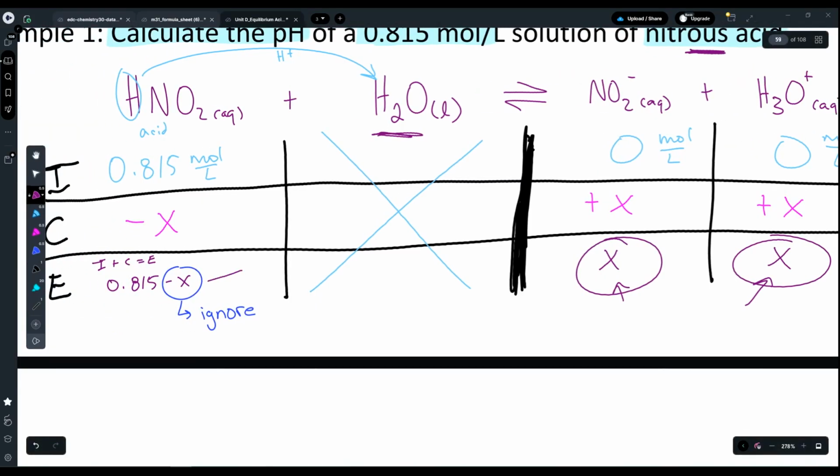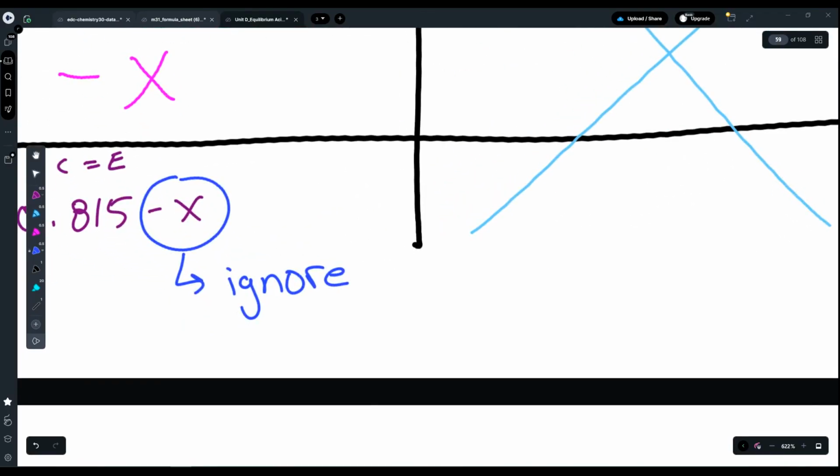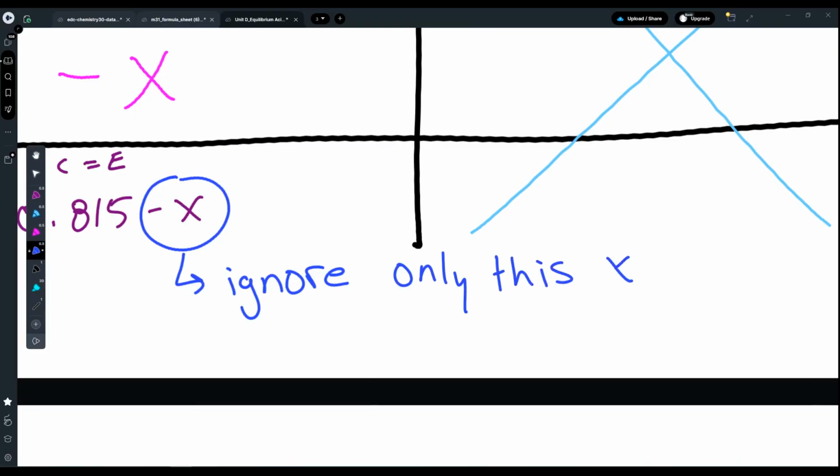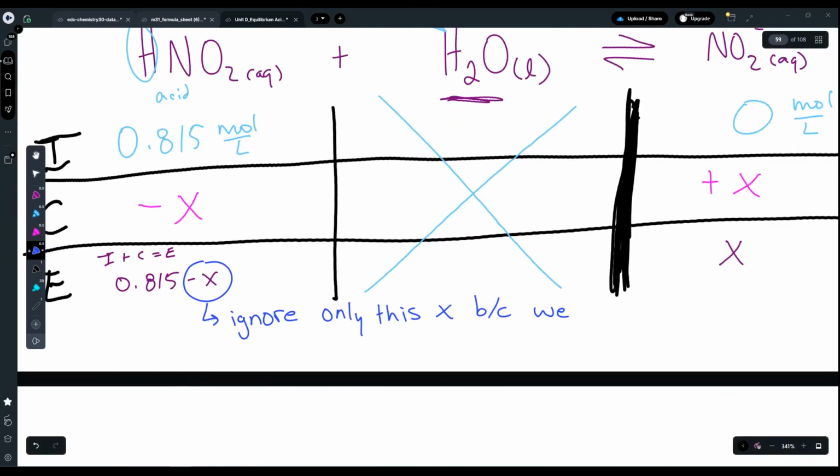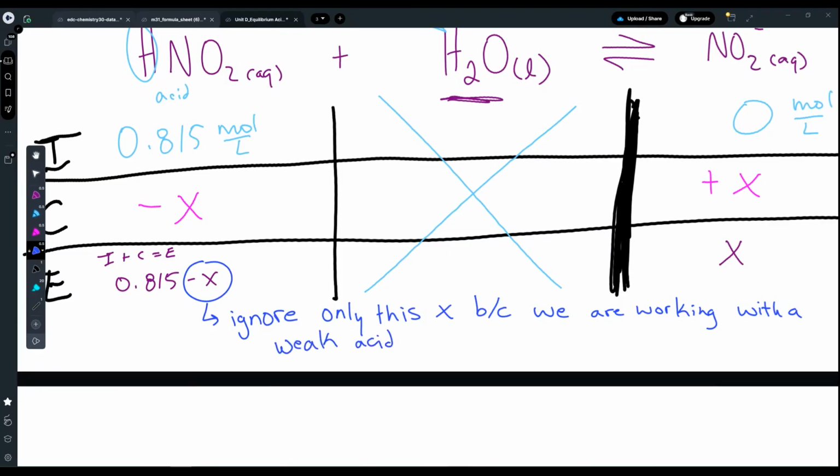You only ignore this X. So ignore only this X. And why are we ignoring it? We're ignoring it because we are working with a weak acid, and we're finding pH.